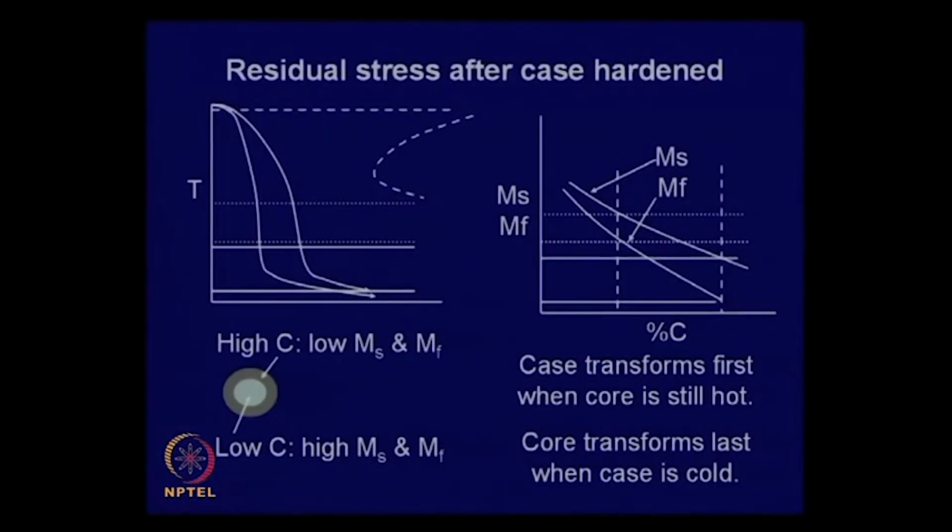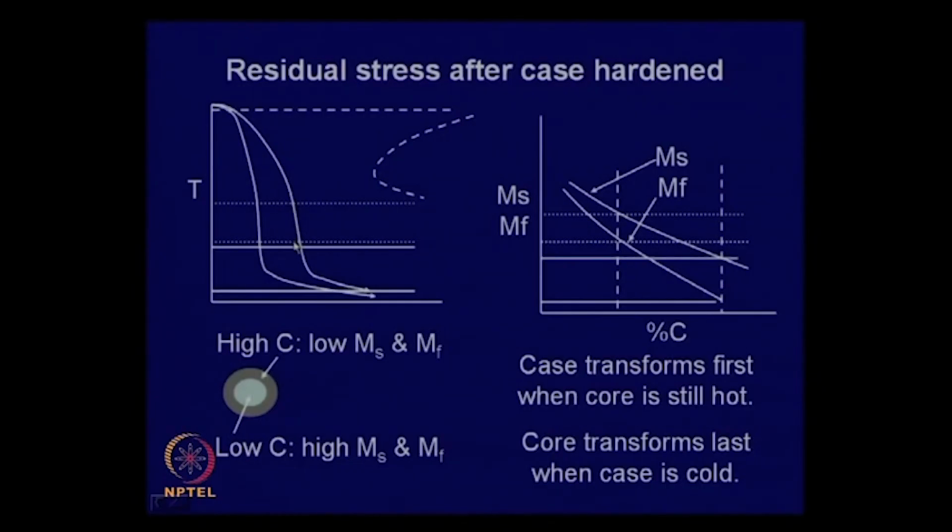It can deform plastically because it is still hot and soft. Therefore, the case transforms first and becomes hard, and after it has become hard, the transformation at the core starts.